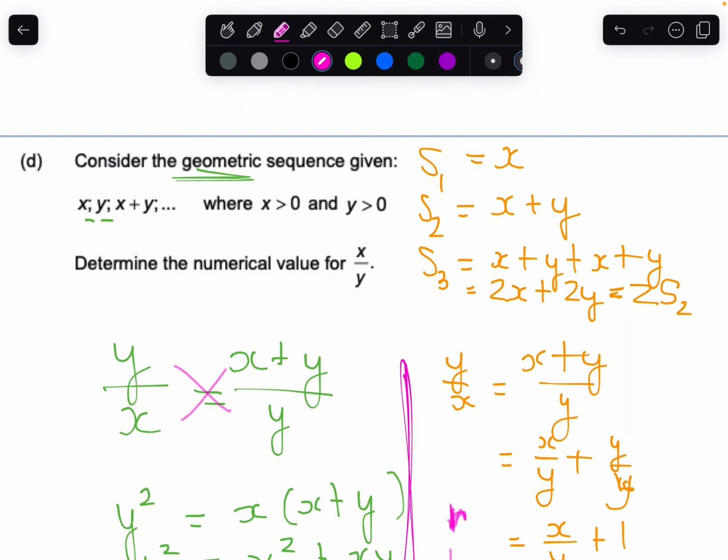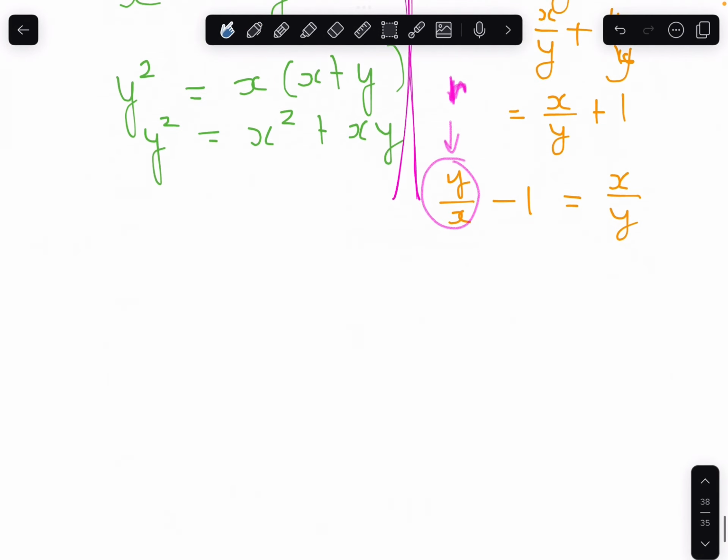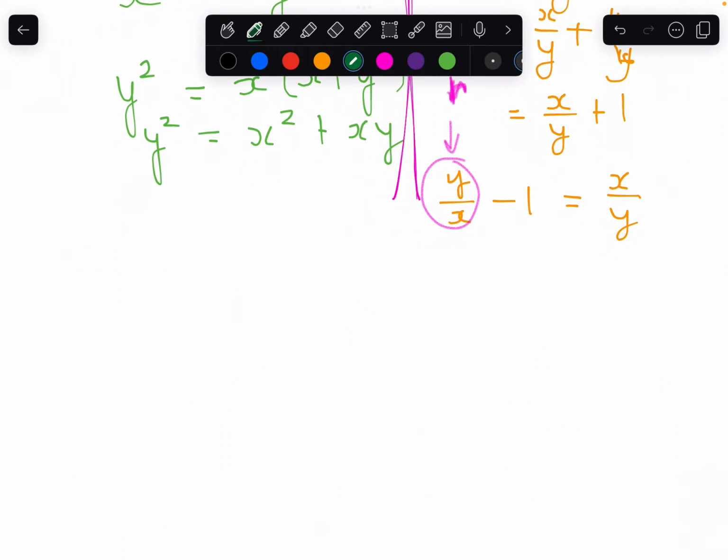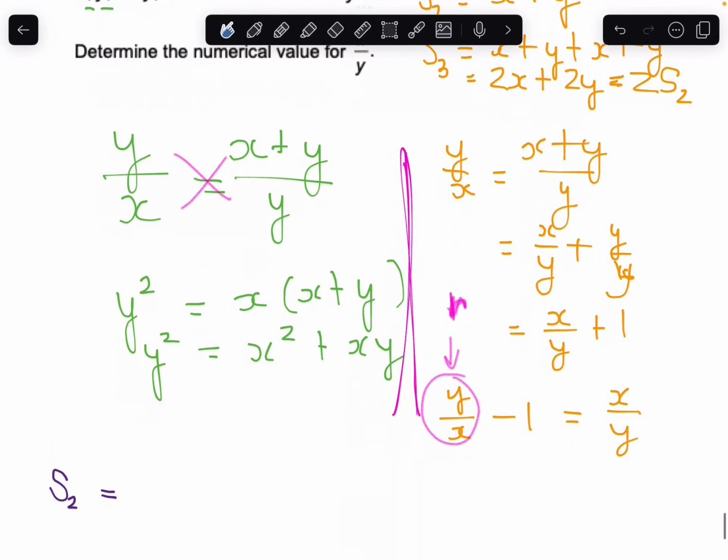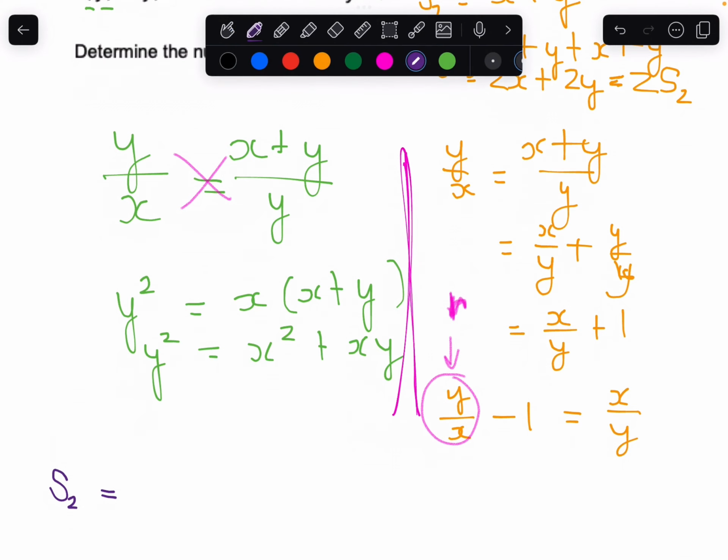Let me just carry on with this series tangent. So S2 would be: the a is x, the r is y over x, to the power of n, which is 2, minus 1, divided by y over x.